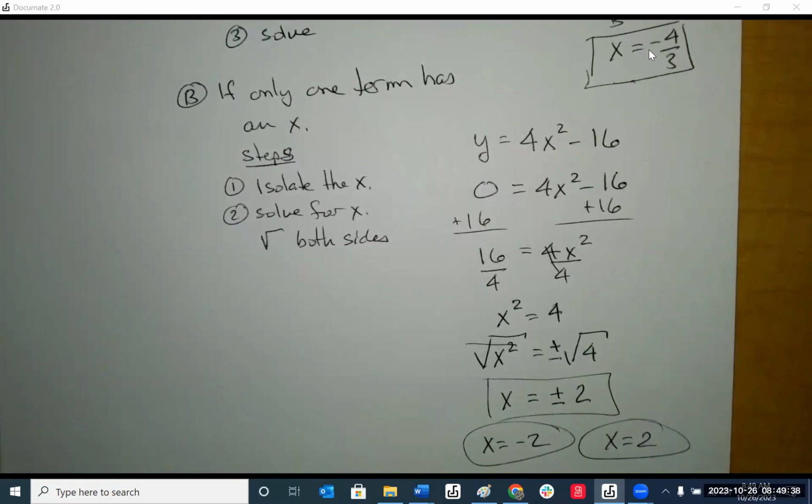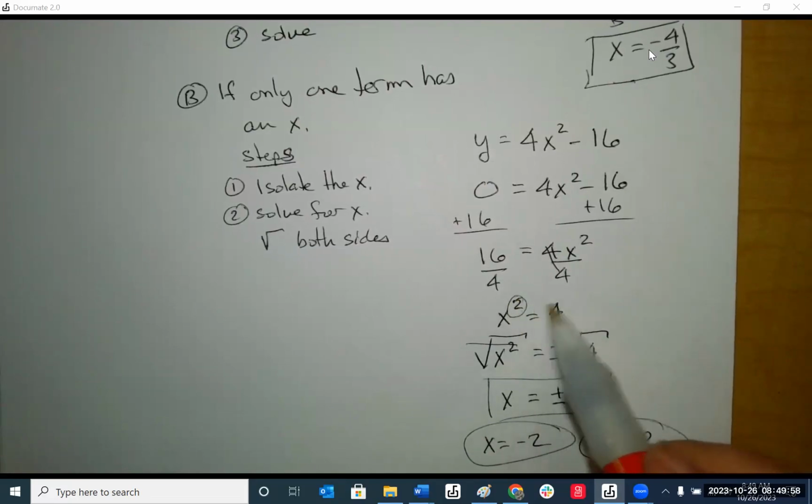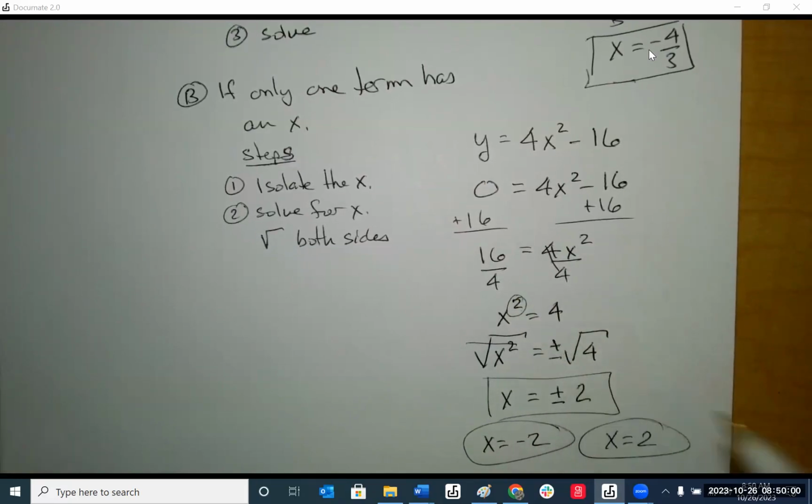This is called the square root method, if you only have two terms. Plus or minus. When the exponent is even and you get rid of it, the answer always has a plus or minus.